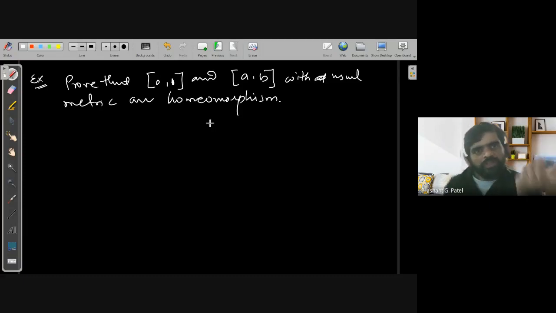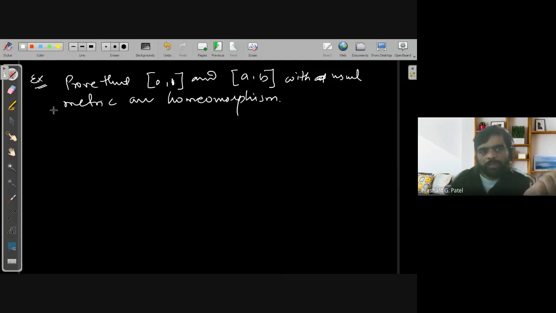So if you study the closed interval [0,1], it is equivalent to studying any closed interval. If I want to prove that it is a homeomorphism, I need to find one map from this space to this space, which is one-one and onto, continuous, and its inverse is also continuous.